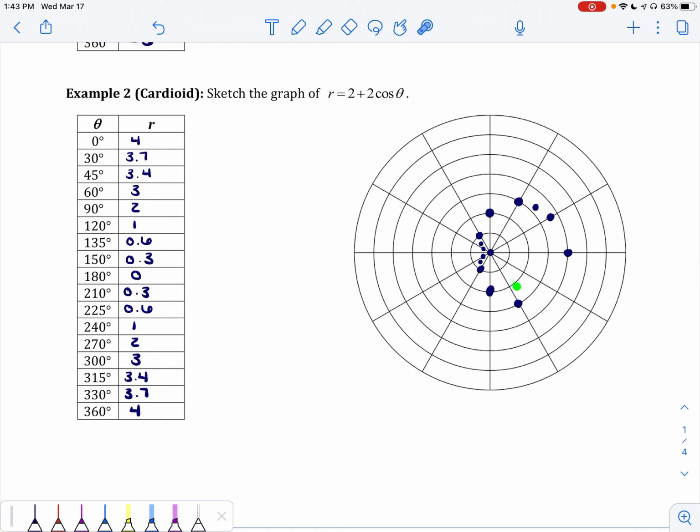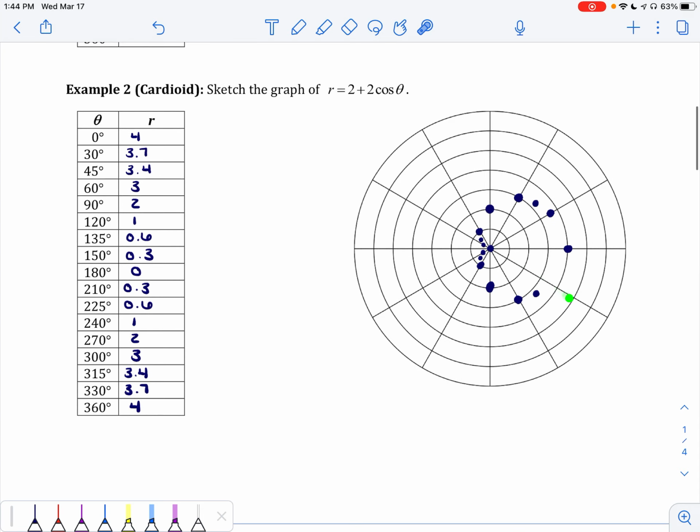315 degrees, right in the middle of quadrant 4. We have a radius of 3.4. 330 degrees, radius of 3.7. And finally, 360 degrees, we're back to where we started at a radius of 4.